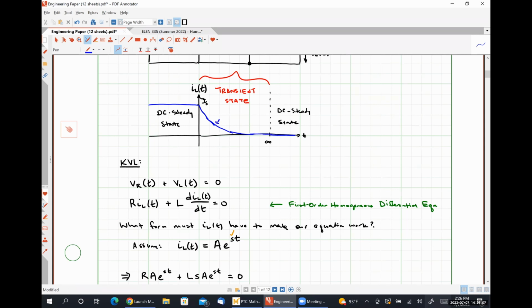And the current during the transient condition is simply the initial condition, IS, multiplied by e to the negative R over L times time. So the rate at which our current decays is dependent on the resistor value and the inductor value in our circuit.